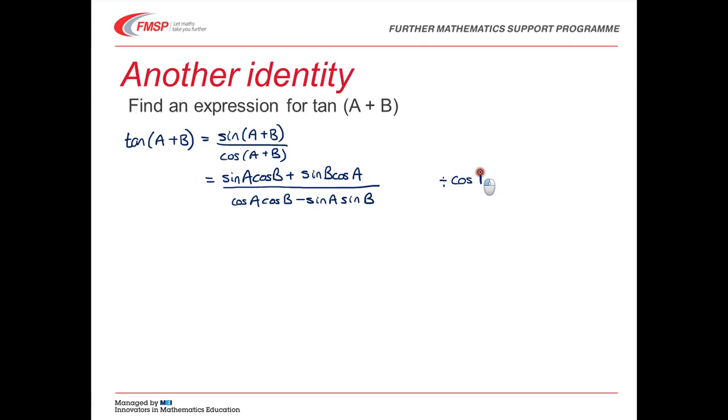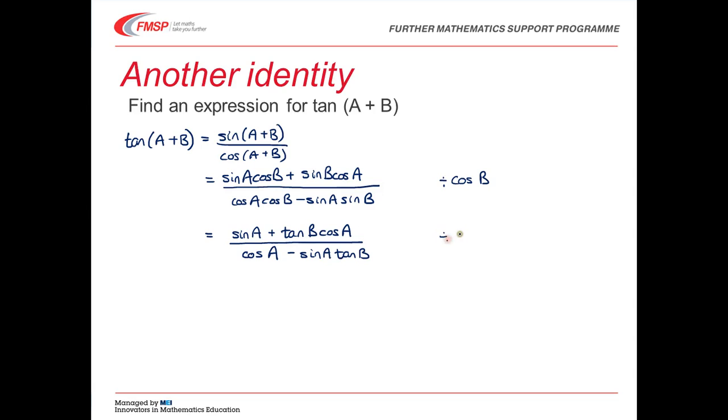If I divide top and bottom there by cos B, then the first term on the top becomes sine A. The second term on the top, I've got sine B divided by cos B. That's tan B. And I've still got the cos A. And dividing the denominator by cos B, the first term will just be cos A. And then I've got sine A, and sine B over cos B is tan B.